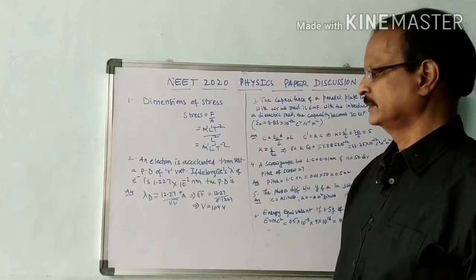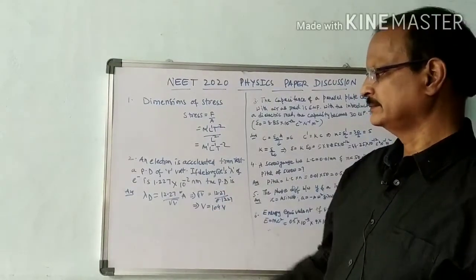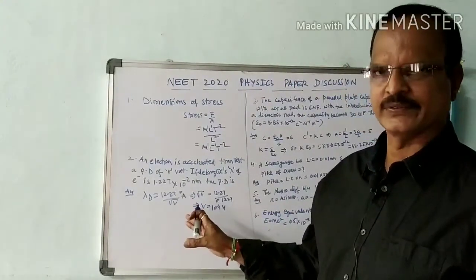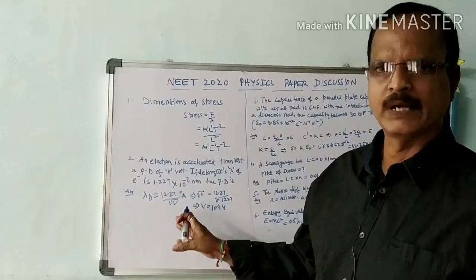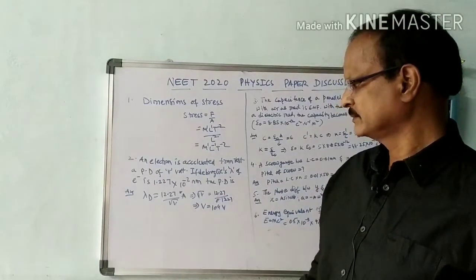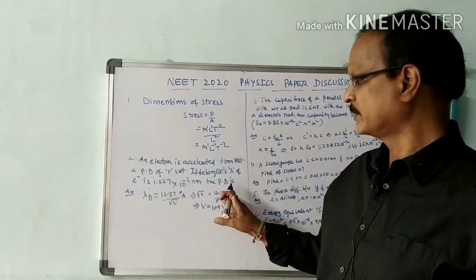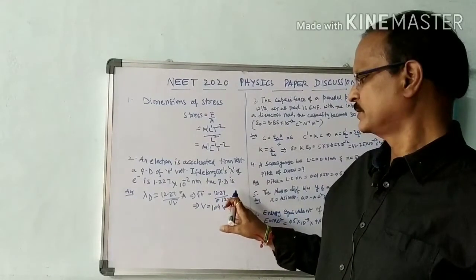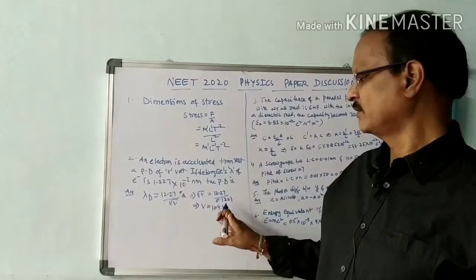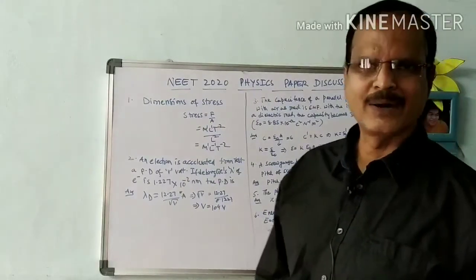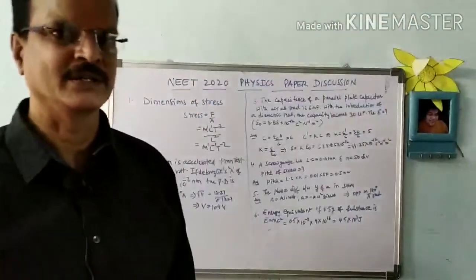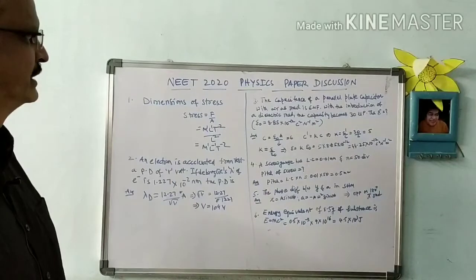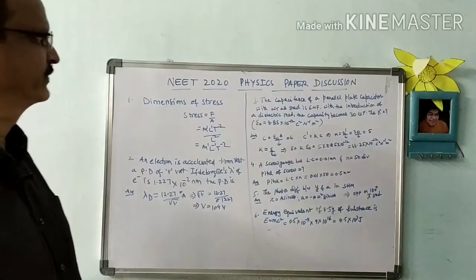The de Broglie wavelength of an electron is given by the direct formula: 12.27 by root V Angstrom units. Or we can write root V is equal to 12.27 by this value of lambda, which is 0.1227. If you solve it, V will be around 10 to the power of 4 volts. Okay, direct substitution.